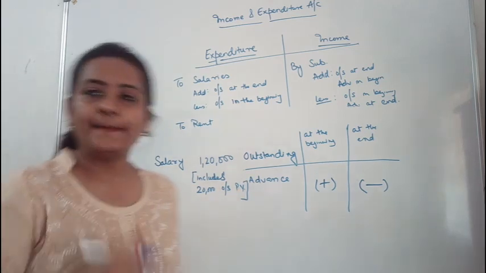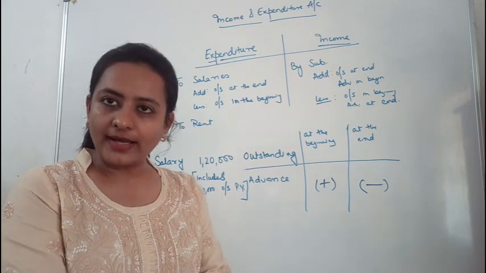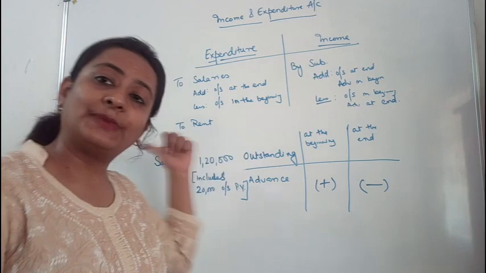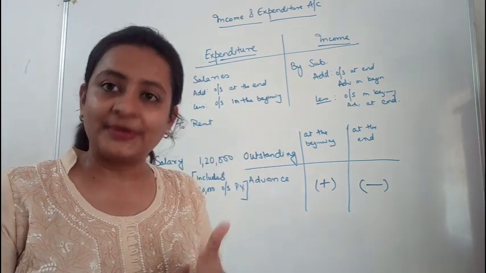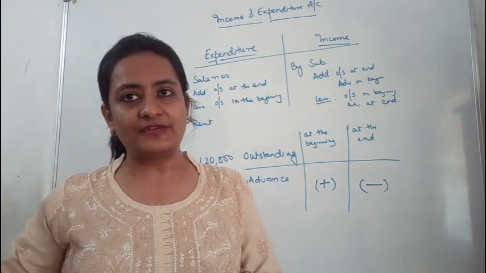So I am paying my staff 1,20,000 salary. However, in that 1,20,000, the 20,000 I have paid was outstanding from previous year. Previous year I did not pay her 20,000. So this year I am paying her because it was outstanding from previous year.